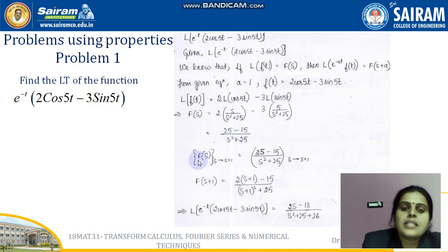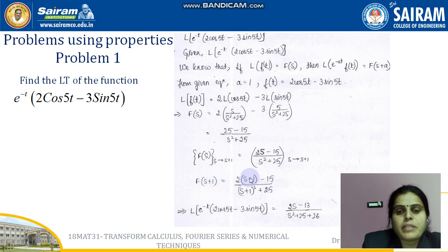Now this is our F of s. Since the given f of t is multiplied by e to the power of minus t, we use the shifting property: wherever you have s in F of s, you must replace it by s plus 1. So 2s minus 15 divided by s square plus 25, in which s is shifted to s plus 1.